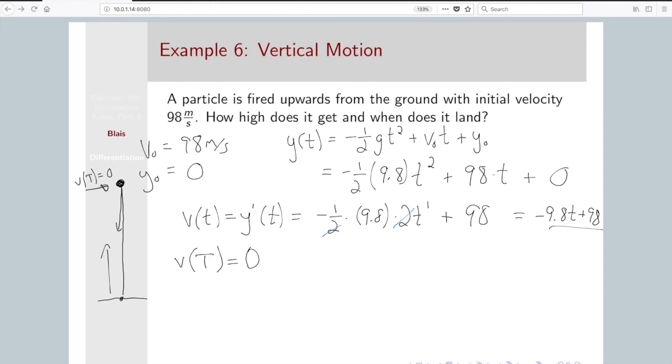Using our velocity function here, negative 9.8t plus 98 equals 0, or 98 equals 9.8t, or t is 98 over 9.8, or 10.